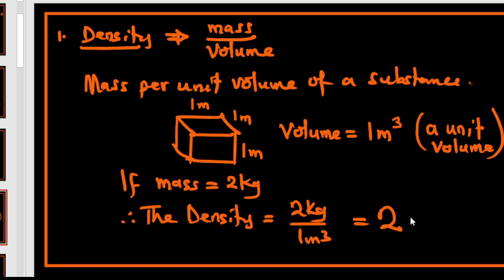In this case, the unit is kilogram per meter cube. So that's the SI unit of density. But we are not limited to kilogram per meter cube.